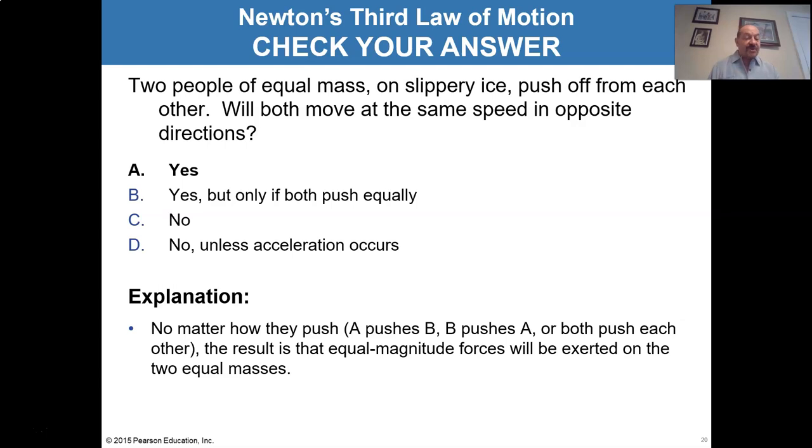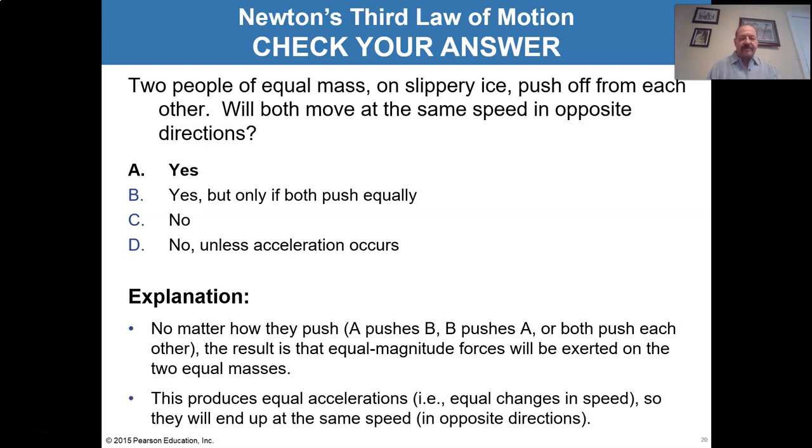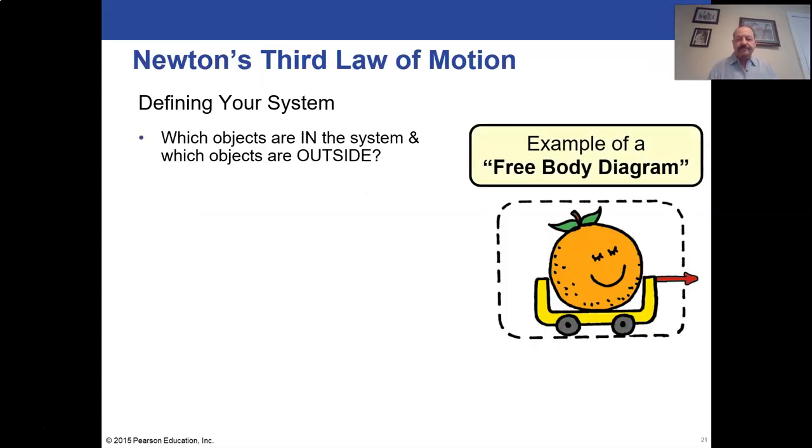So no matter how they push, it's still going to be the same thing as long as they have equal masses and as long as you're pushing head on, not glancing somebody. So this produces equal accelerations because they have equal mass. If they didn't have equal mass, this wouldn't be the case. They'd have different accelerations.